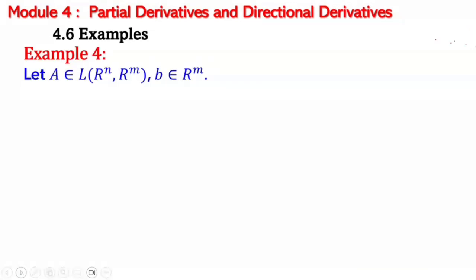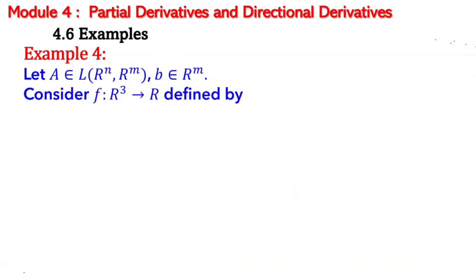Okay, now we have an interesting example here. In this example, we have a linear transformation A from Rn to Rm, and b is a vector in Rm, and we consider a function f from Rn to R defined by f(x) = 1/2 ||Ax - b||^2.